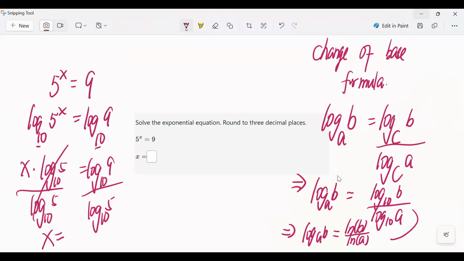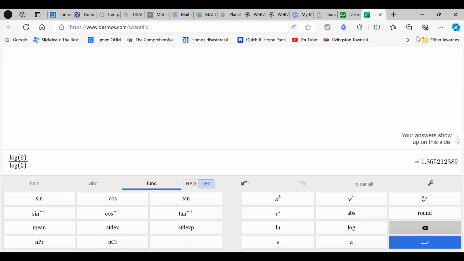So go back. I forgot to share. We go back here. Using this decimal scientific calculator, you get log with base 10 of 9, log with base 10 of 5, and then find the quotient of those two. You get 1.3652123889. Rounded to 3 decimal places it will be 1.365.